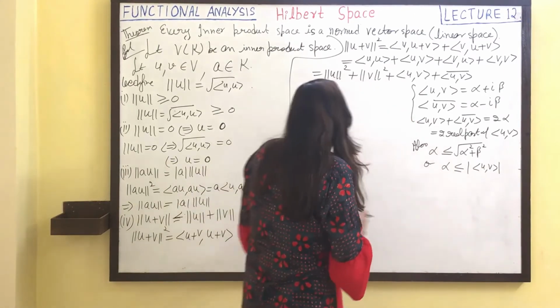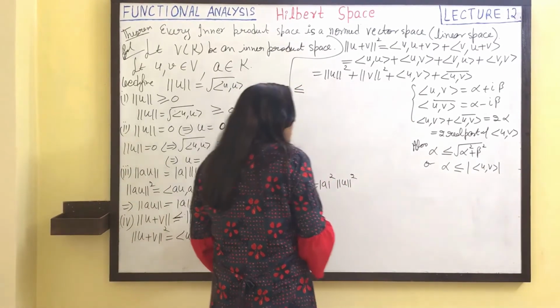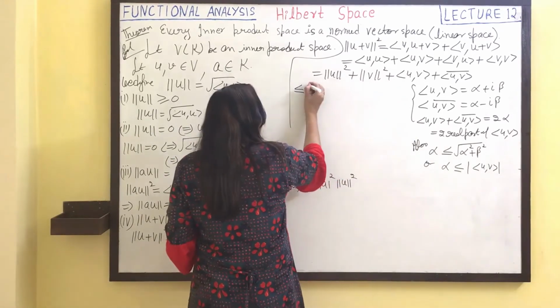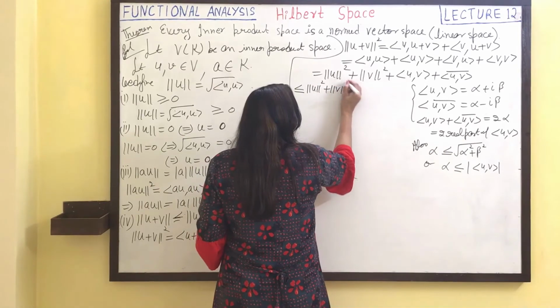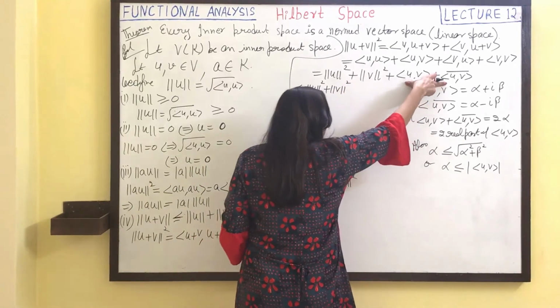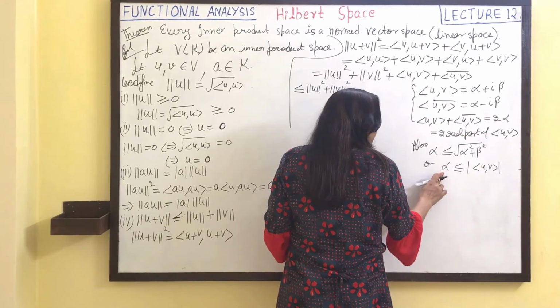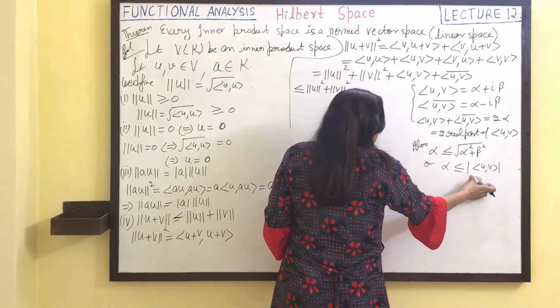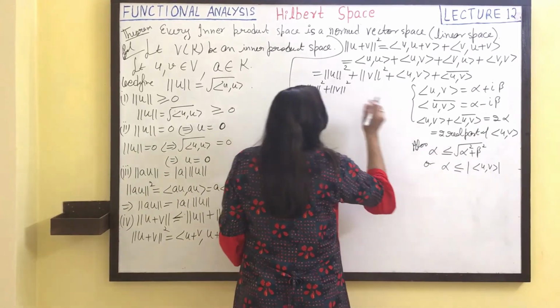So here it is less than or equal to norm u squared plus norm v squared, and we can replace this factor by twice of this, because alpha is less than or equal to this much.